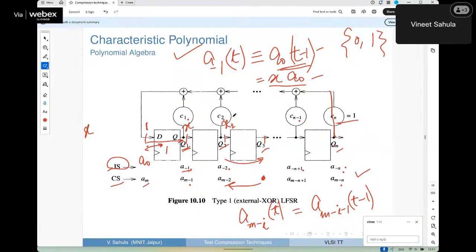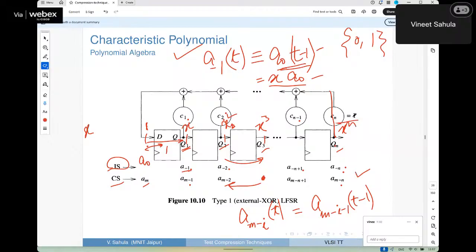Can I write X square here? Can I write X cube here? Can I write Xn here? Do you follow me? If you understand this, the analysis is complete. Things are done. We just have 2 more slides to characterize this. That's all. Have you properly labeled it?